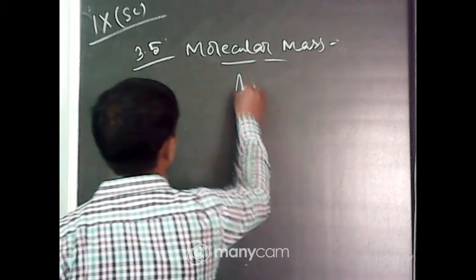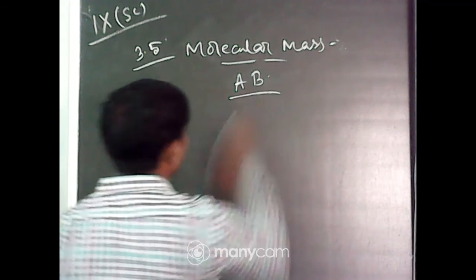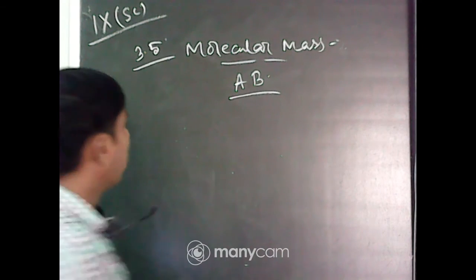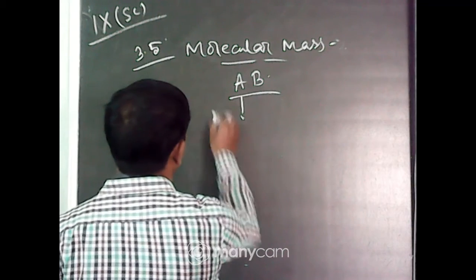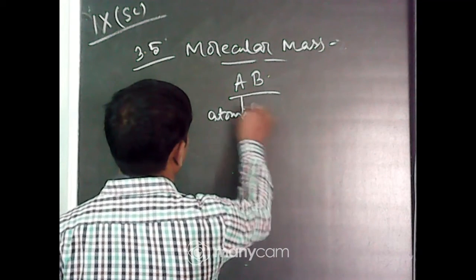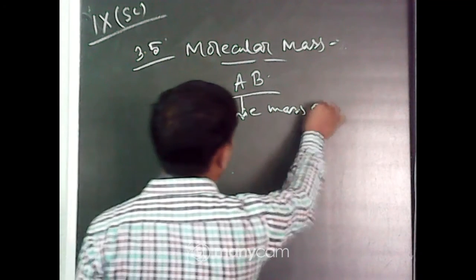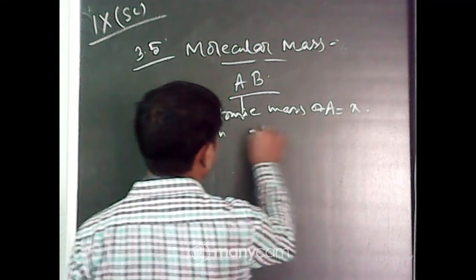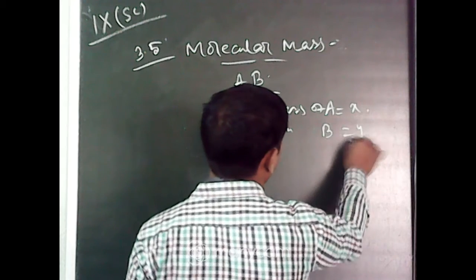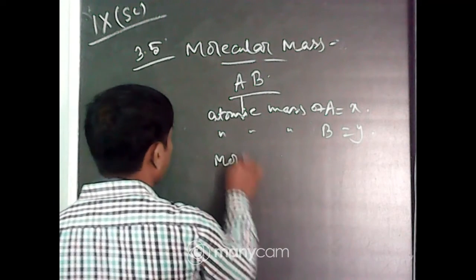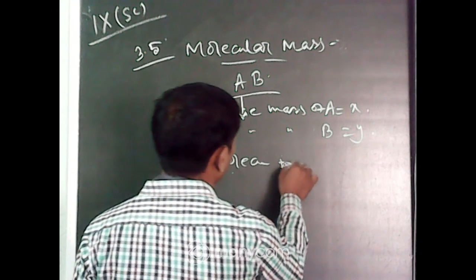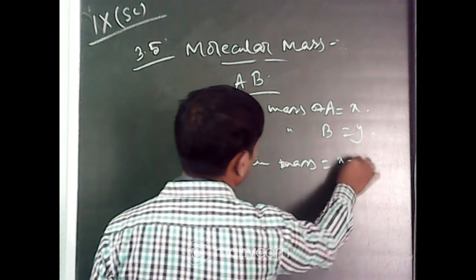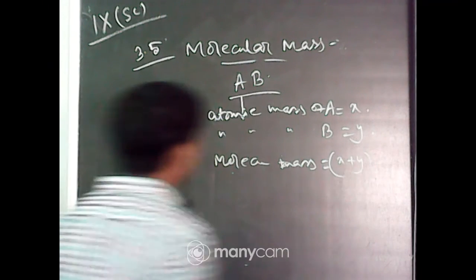Now in general, suppose AB is a molecule. Atomic mass of A equals X, atomic mass of B equals Y. So the molecular mass will be equal to X plus Y from the definition.